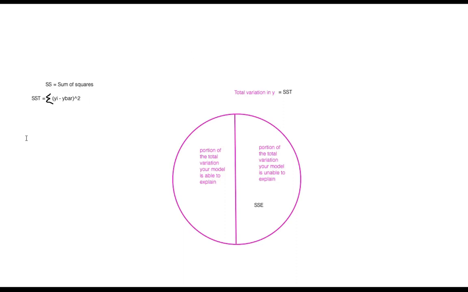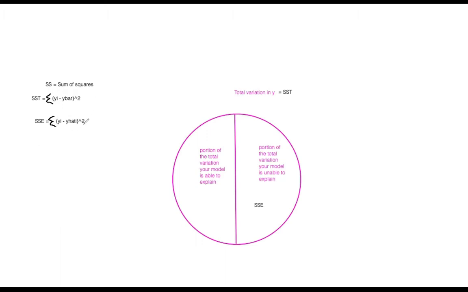And now let's do SSE, sum of squared errors. So again, sum of squared errors, E for error, but residuals, as I said, is the more correct terminology. So that is yi minus y hat i. And again, we are squaring this, and then we are adding it all together.